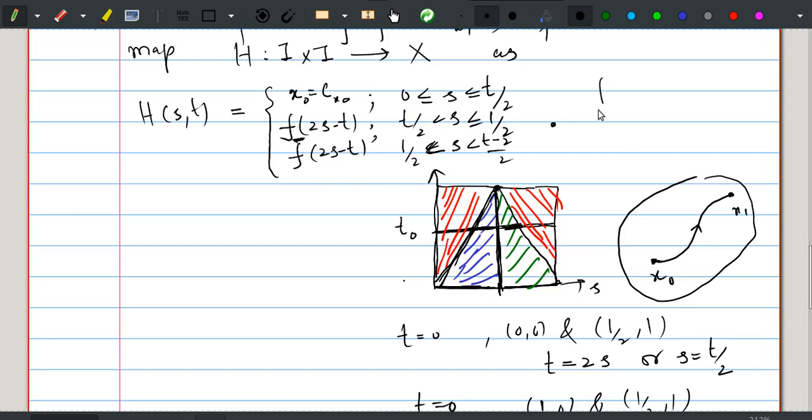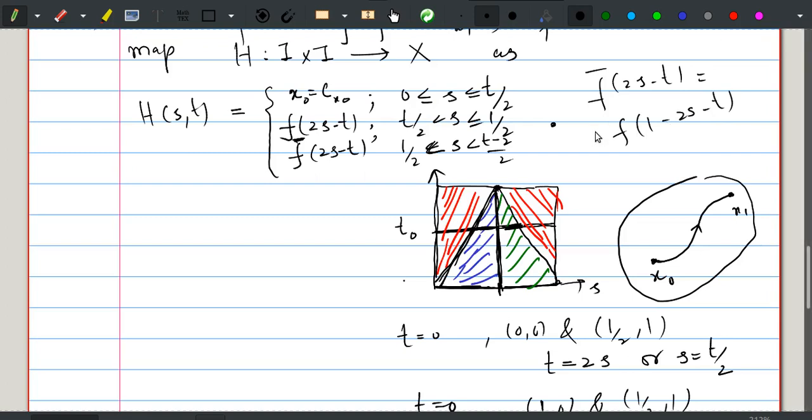Now f bar of 2s minus t is the same as f of 1 minus (2s minus t) by definition of the inverse. So this is plus here.